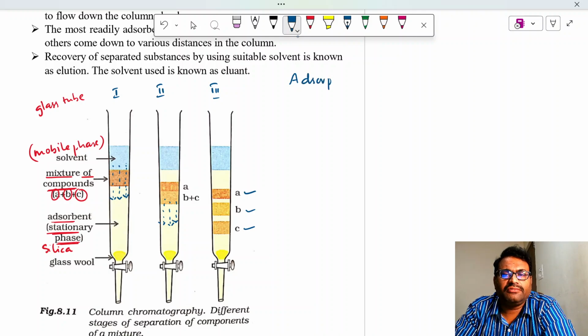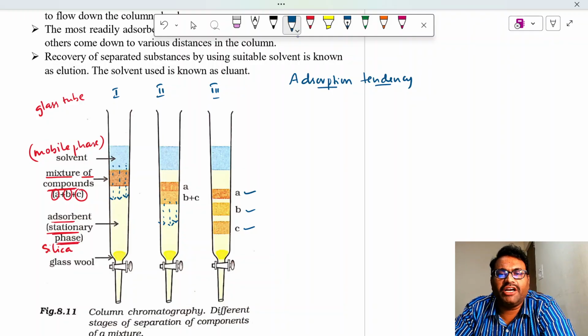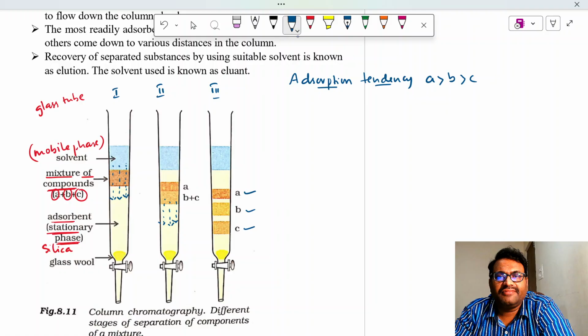Among A, B, C, A has more adsorption tendency than B. B has more adsorption tendency than C. As A has more adsorption tendency, it attaches to the stationary phase immediately.